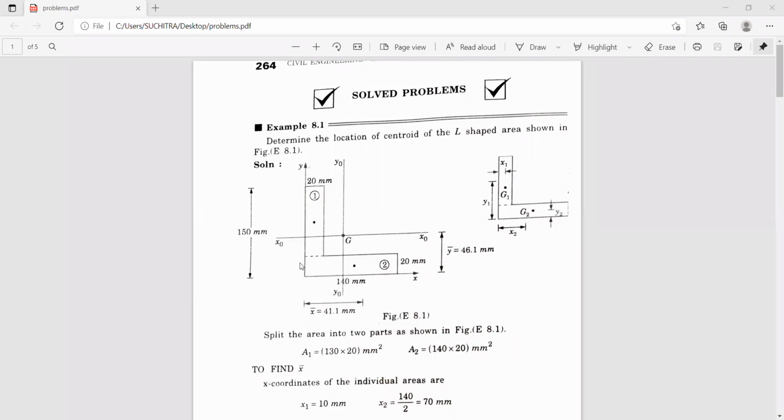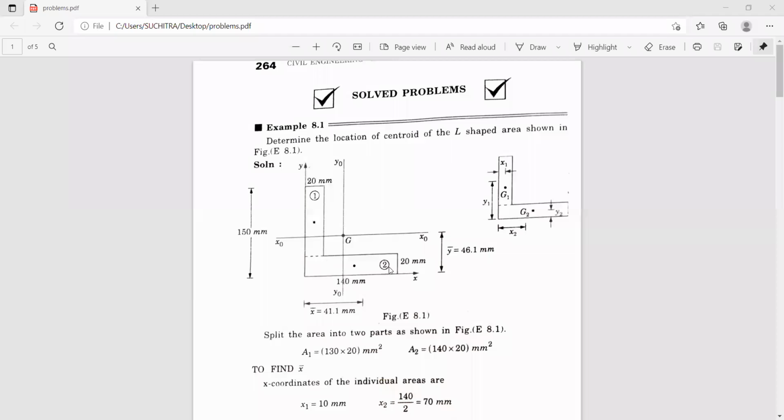Now for figure 2 you have to find the area. The width is 140 and the height is 20 millimeters. So 140 into 20, in millimeter square. Once you find the areas of these individual figures, the first step is to select the reference axis towards the extreme left and bottommost portion of the figure.